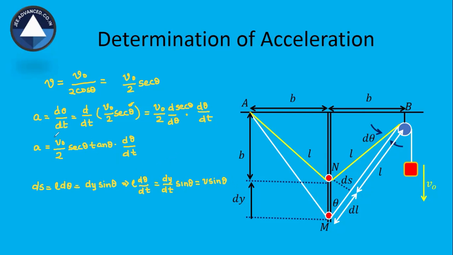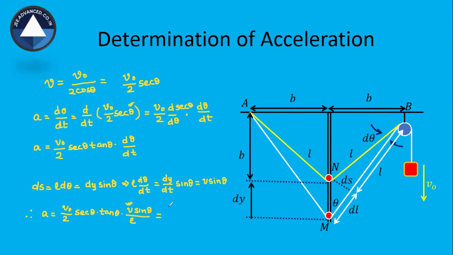Okay. So our acceleration is now given as v naught upon 2 into sec theta into tan theta multiplied by d theta upon dt, and this d theta upon dt is nothing but v sine theta divided by L, isn't it? Also, we know this v is nothing but v naught by 2 sec theta.